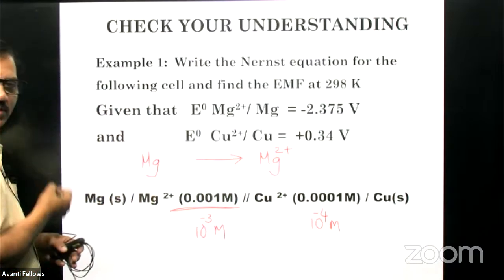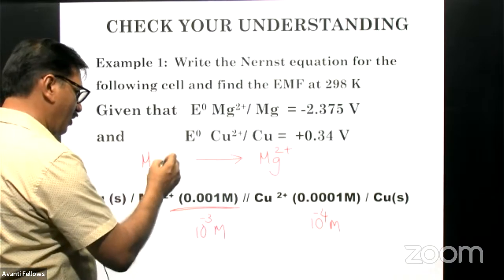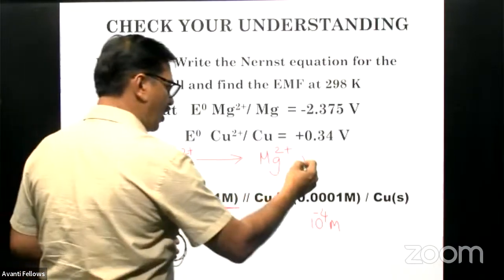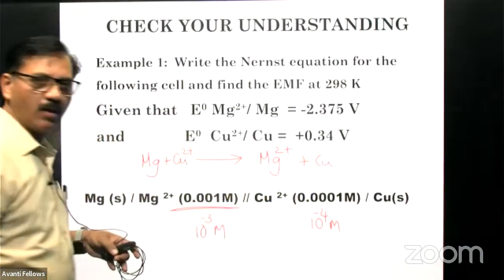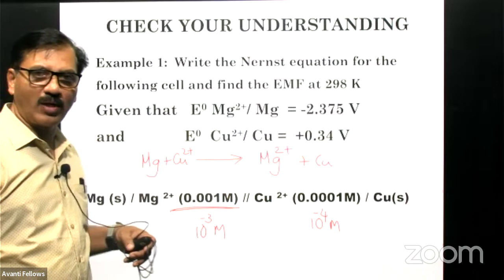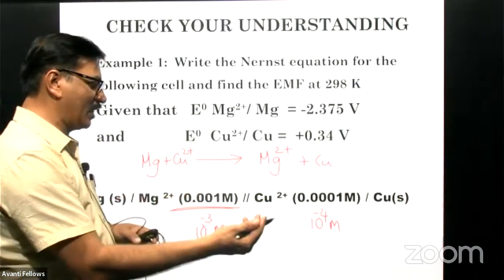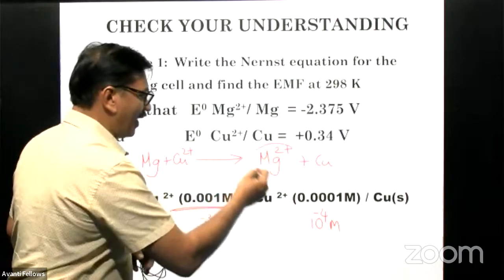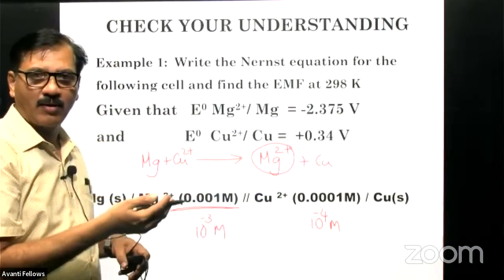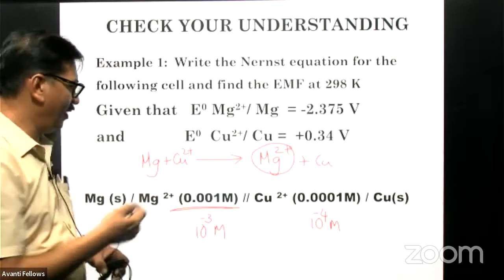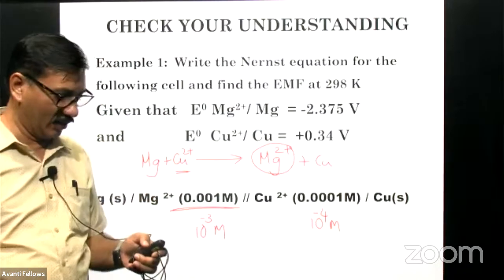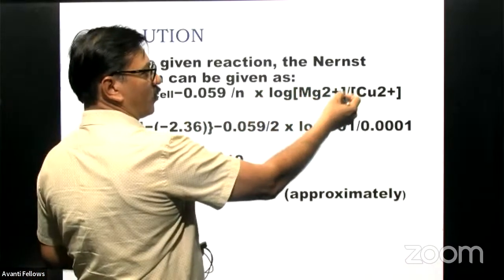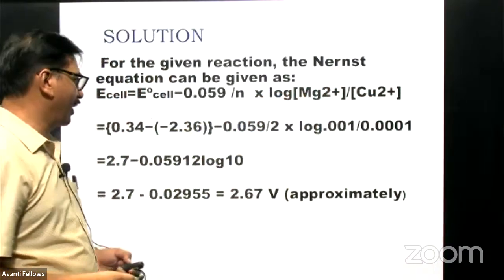Mg gives Mg2 plus ion, and the 2 electrons given are taken by copper ion to form copper. While writing the reaction quotient expression, which species should come to the numerator? The one on the right hand side of the equation comes to the numerator, and the other comes to the denominator. So Mg2 plus in the numerator, Cu2 plus ion in the denominator.